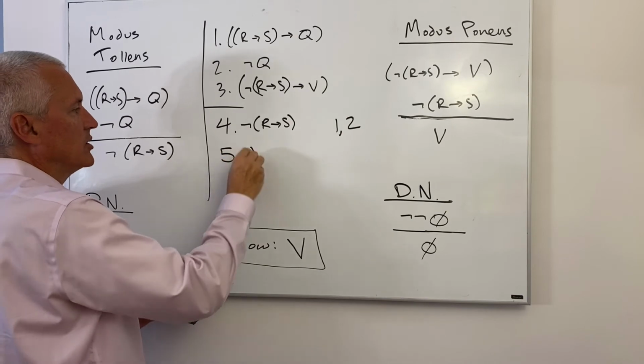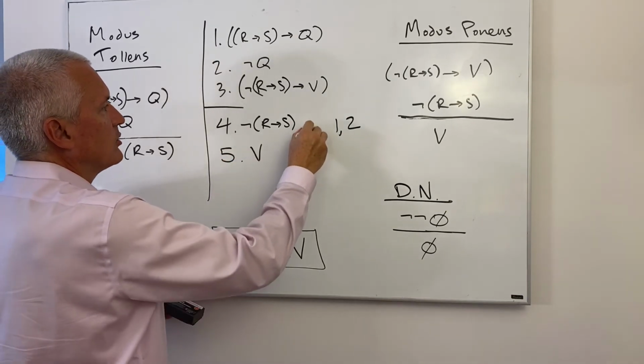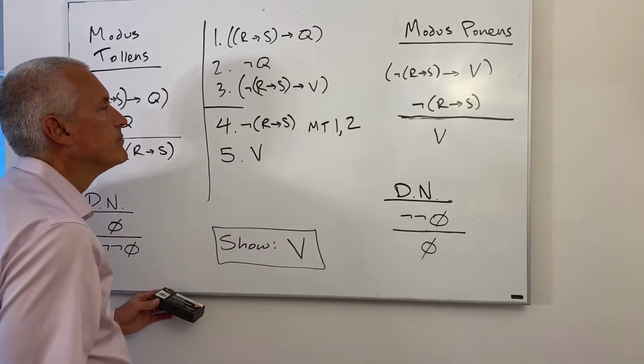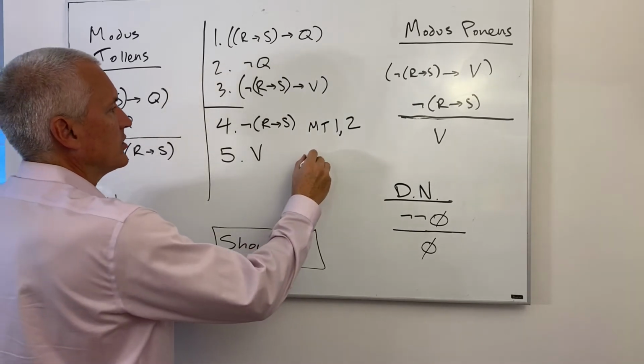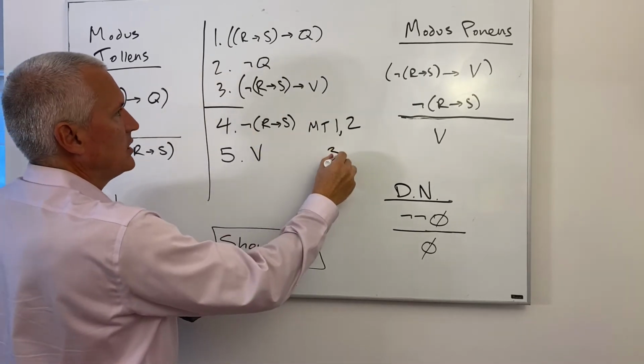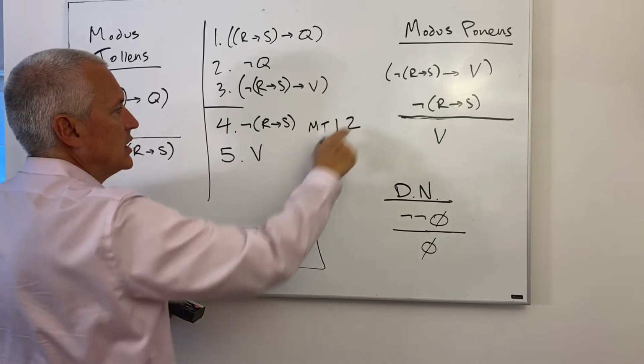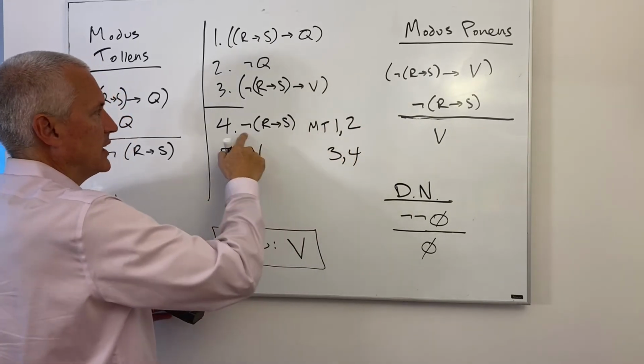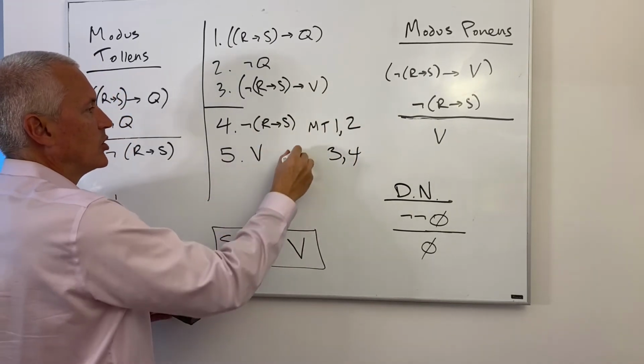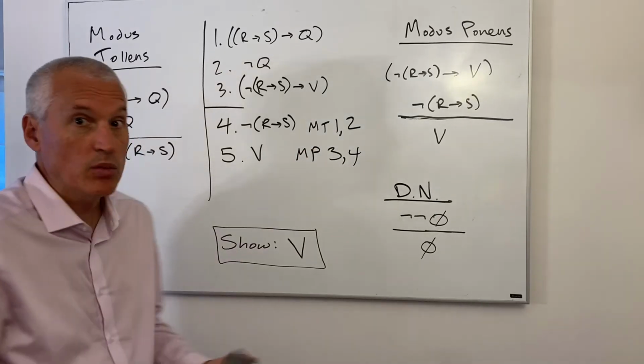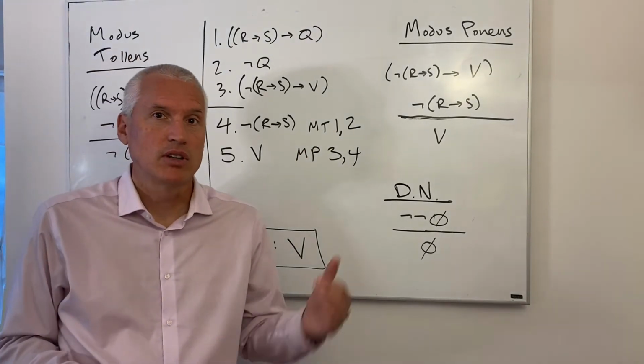So I'm going to say V. Oh, sorry, that was modus tollens, right? And now I'm going to do modus ponens. I'm going to say, hey, look, on line 3, I have this conditional. And on line 4, I have the antecedent. So modus ponens tells me V. And we've done it. That is the conclusion we were looking for.